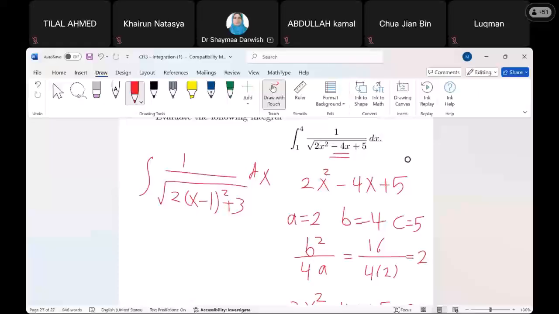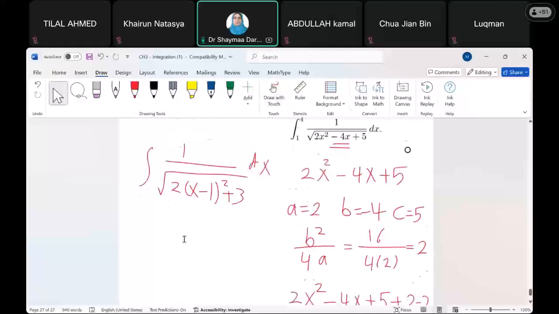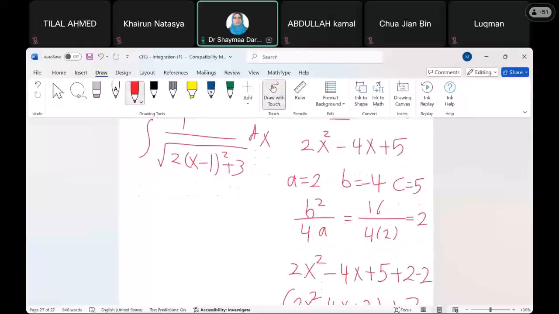Now you need to use substitution because I need to arrange. So t is the square root of 2 times x minus 1. Then dt is square root of 2 dx.